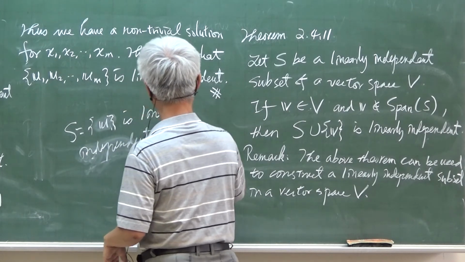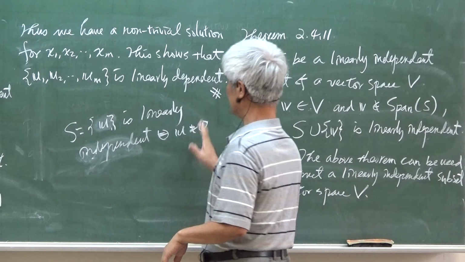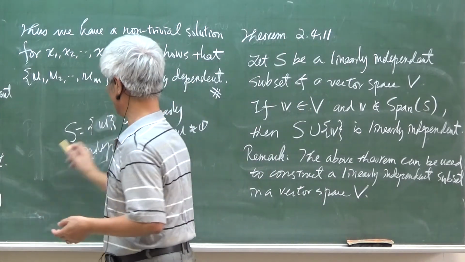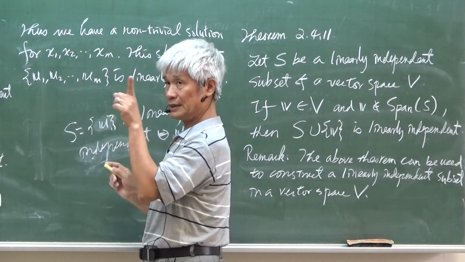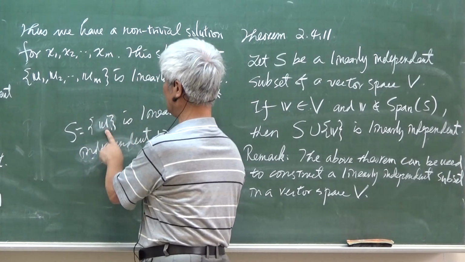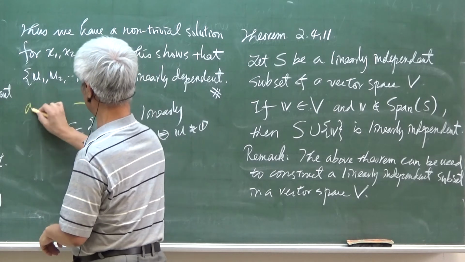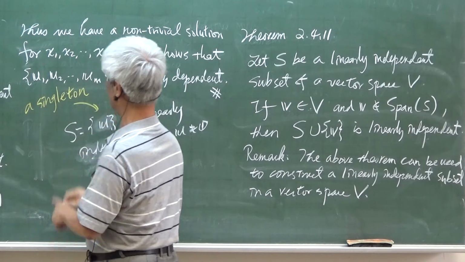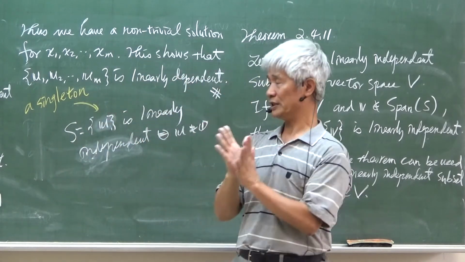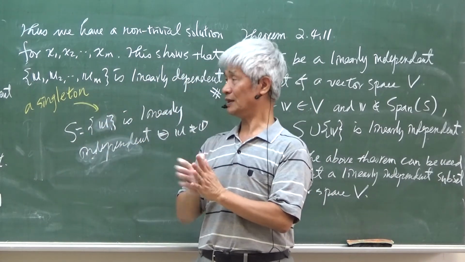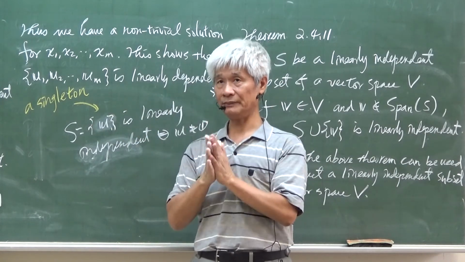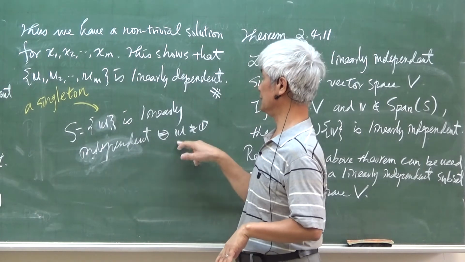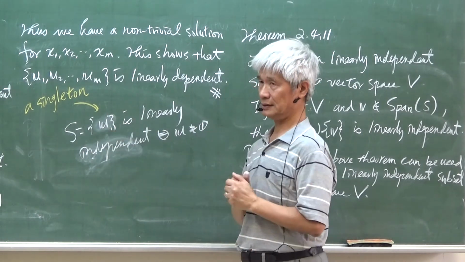A singleton is the name to describe a set with only one element. So this singleton is linearly independent if and only if u is non-zero.